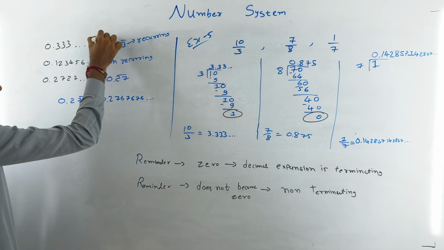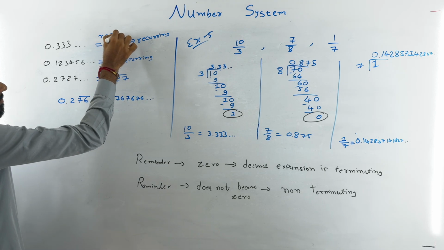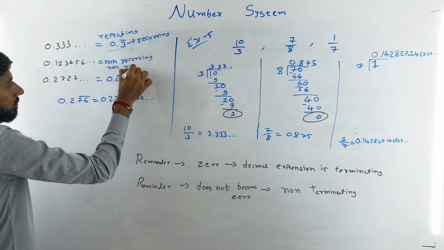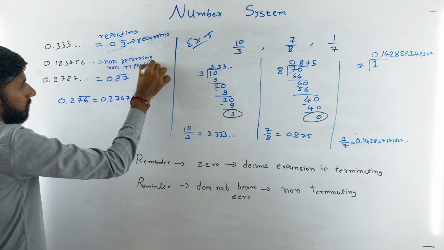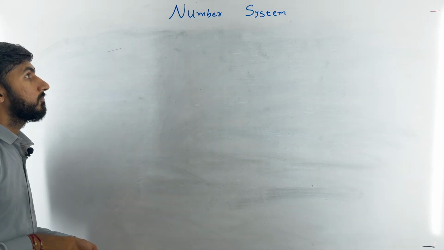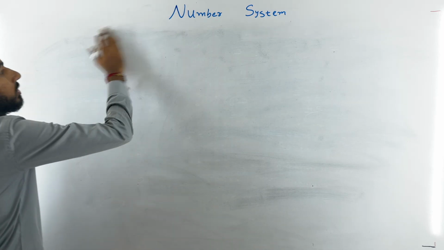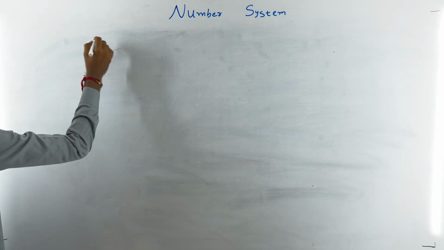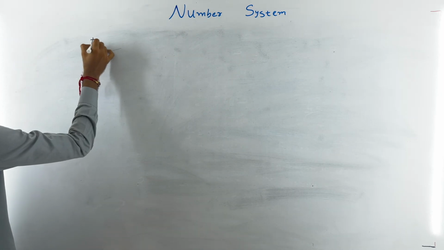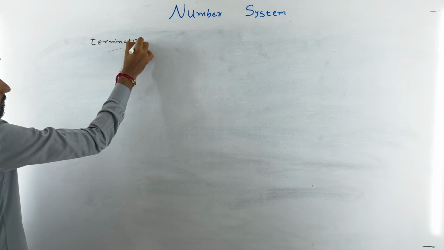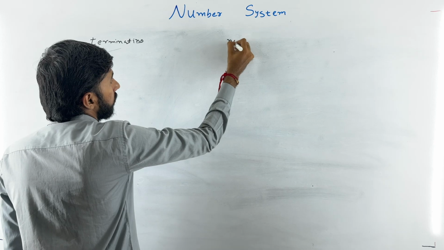Or you can simply say repeating, non-repeating. If you divide any numbers and you get decimal expansions, first of all, it will be terminating or non-terminating.